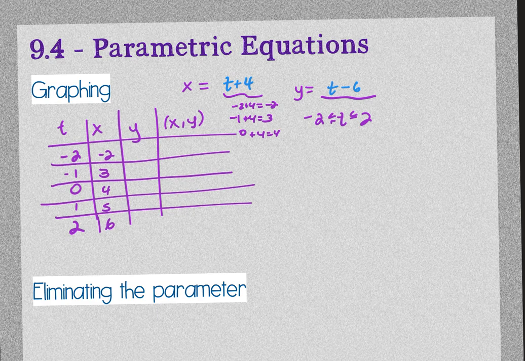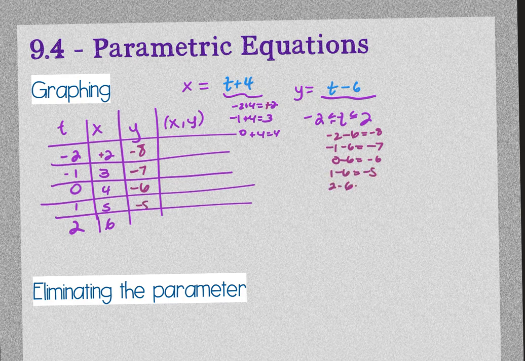So if y is T minus 6, then I would get -2 minus 6, which is -8. Sorry, I wrote that wrong earlier; this one is positive. -1 minus 6, which is -7. 0 minus 6, which is -6. 1 minus 6, which is -5.